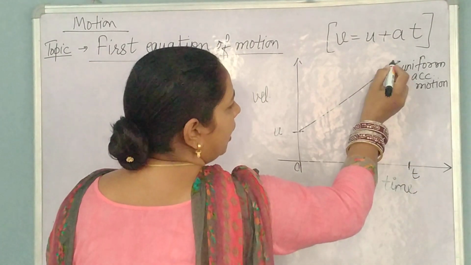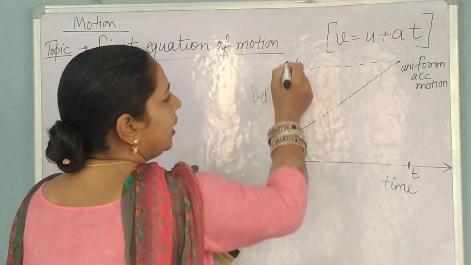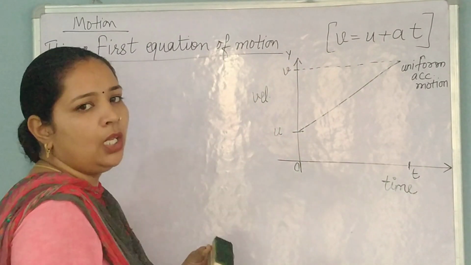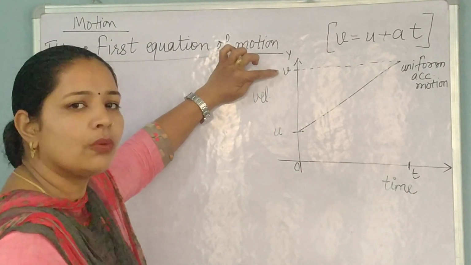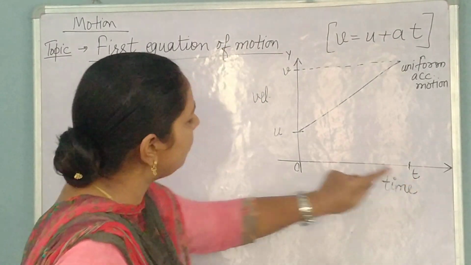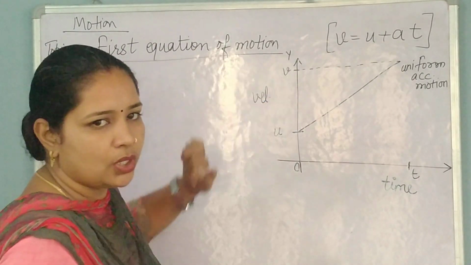And what will be the value here? When we draw a line up to the y-axis, it will meet here and this is our v. v means final velocity. Initial time, final time, initial velocity and final velocity.